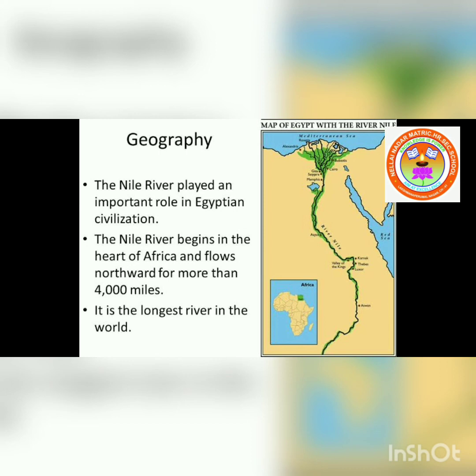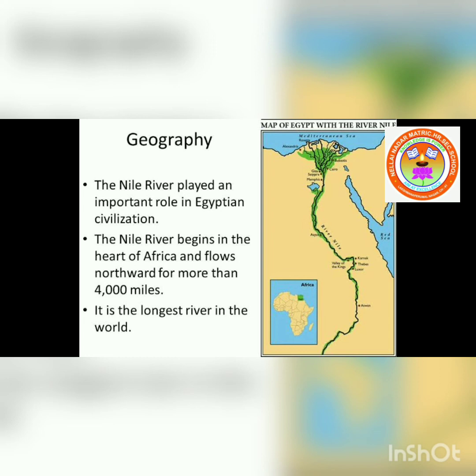The Nile Valley is very rich and fertile as the river deposits fresh alluvium every year. This alluvium nurtured agriculture and helped to produce a surplus of grains, leading to the development of Egyptian civilization.